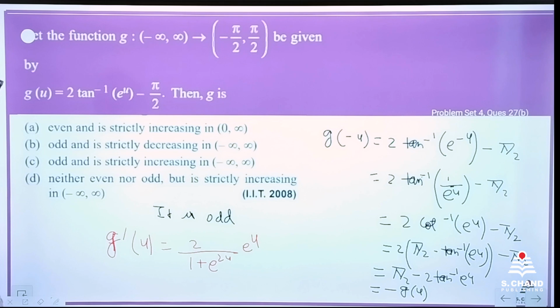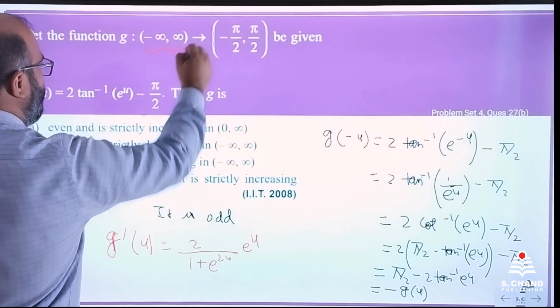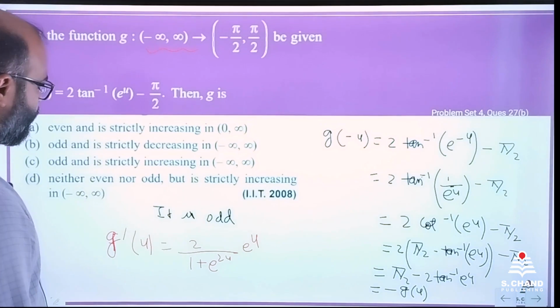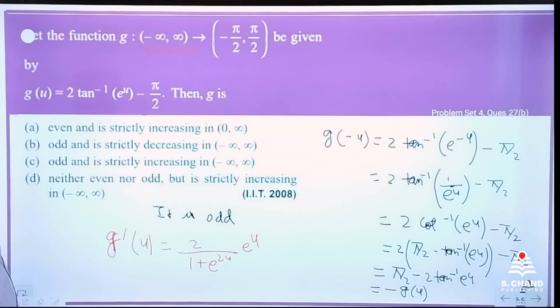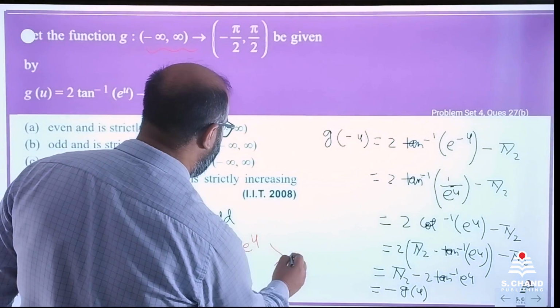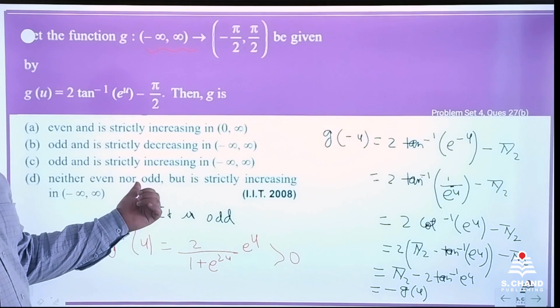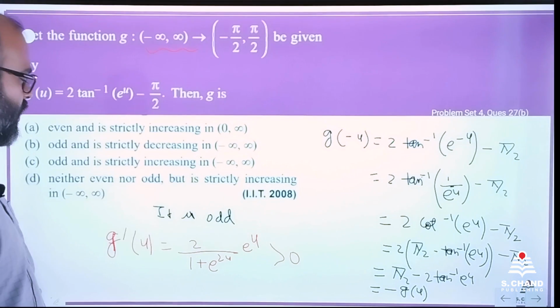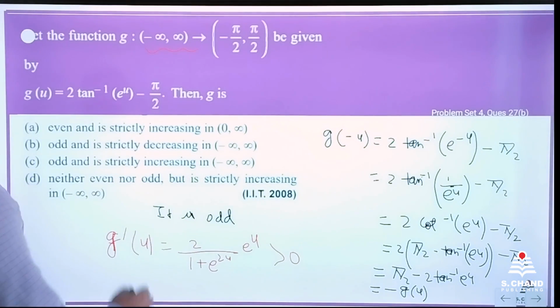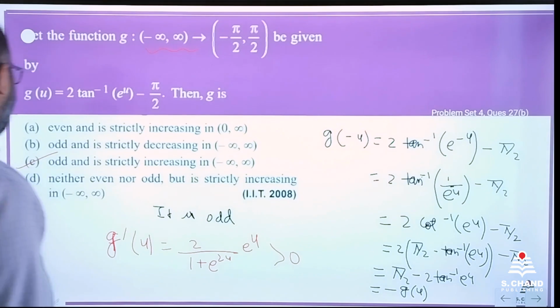Now this function, for all values of u from minus infinity to infinity, is actually positive. So this is always greater than 0. So we can say it is strictly increasing, because the derivative is positive, and also it is an odd function. So we will say that option C is the correct option.